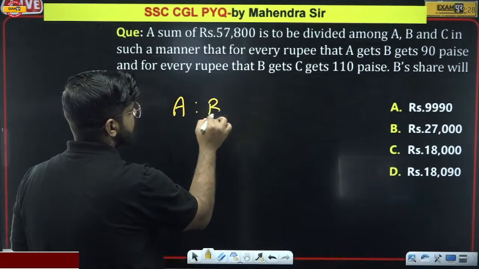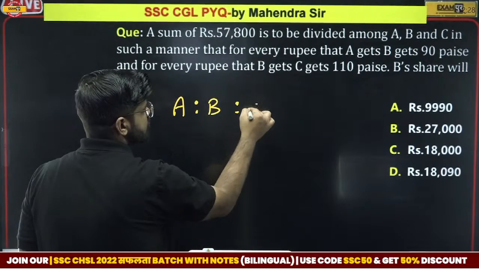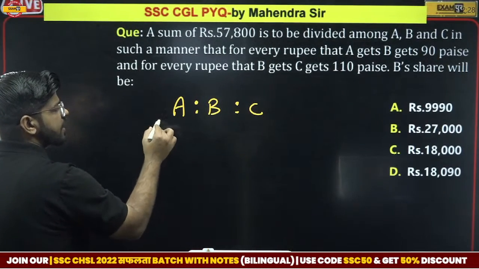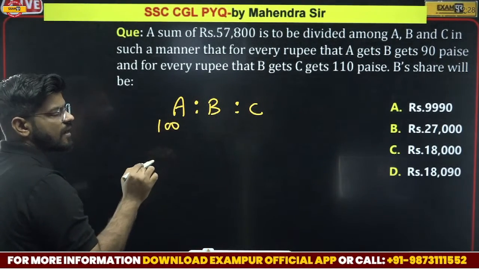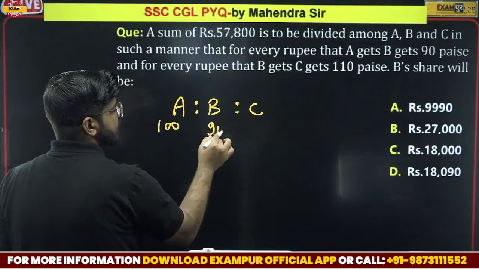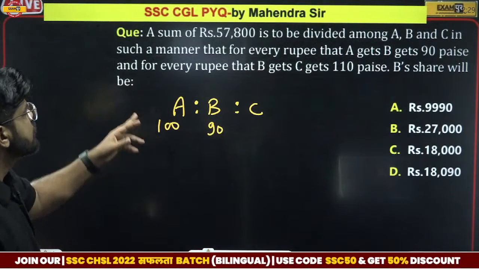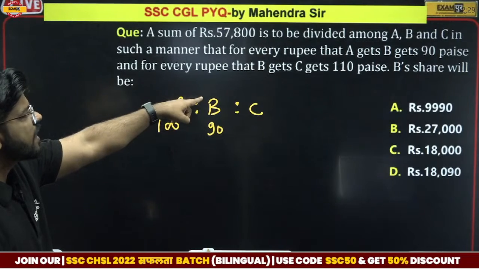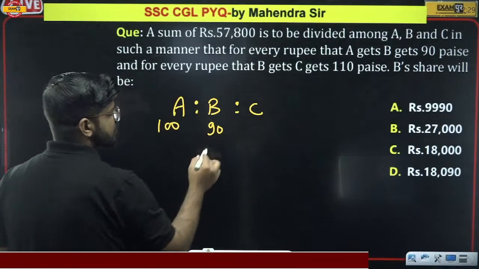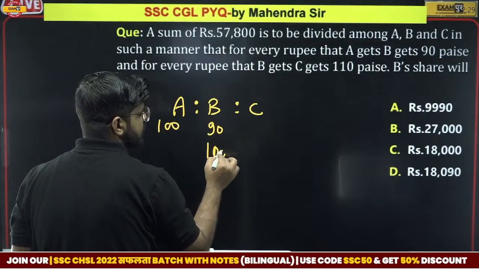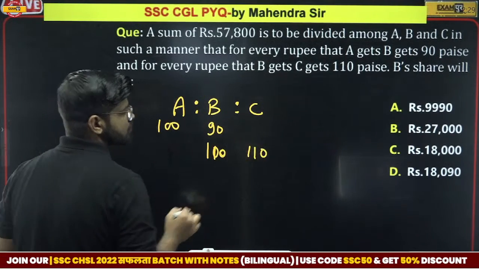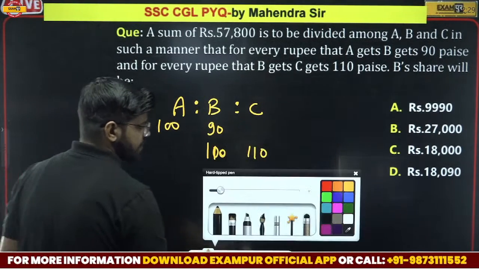So we have to write it in ratio form. For every rupee A gets, means if A gets 100, B gets 90, and for every rupee B gets, C gets 110. That means if B is getting 100, C is getting 110.